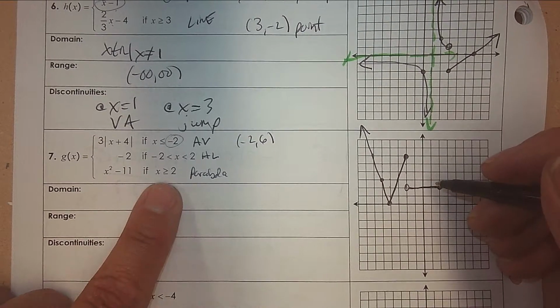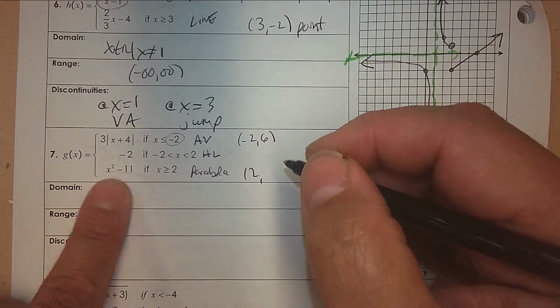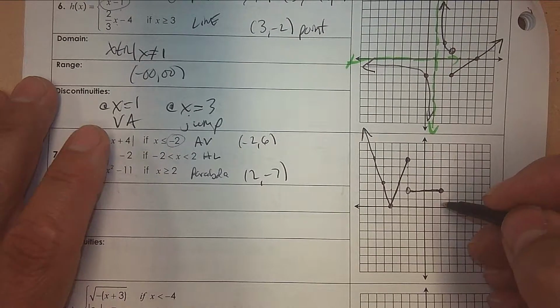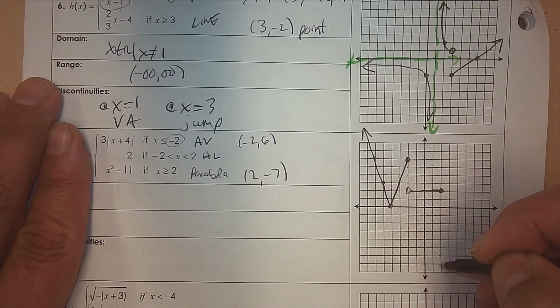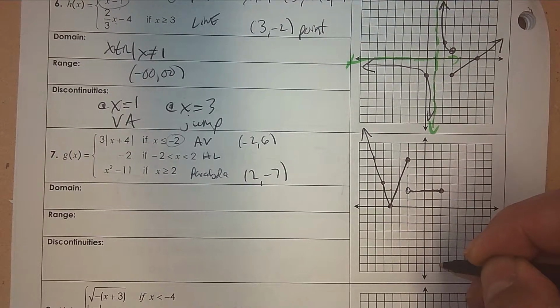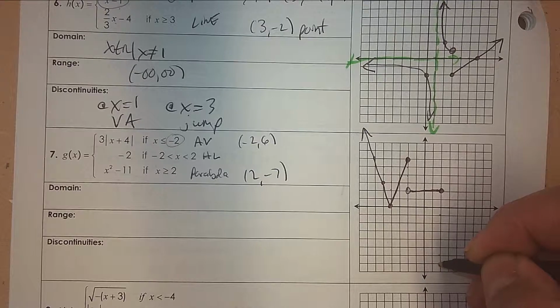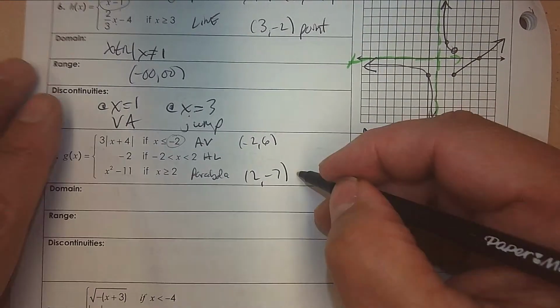So when I plug in 2, it's a point. So at 2, 4 take away 11 is negative 7. So at (2, negative 7), it'd be helpful to get other points.